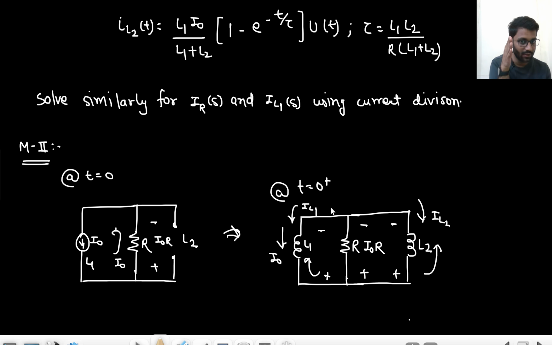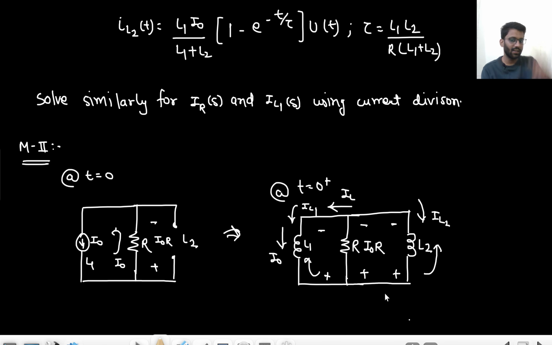I0 is in the direction of this, so IL will be flowing in this direction. Now the effect of resistance is gone because there is no current in the resistance. So IL would be equal to IL1, but it would be the negative of IL2. Are you getting my point? Because the effect of resistance is gone, there is no current in the resistor.